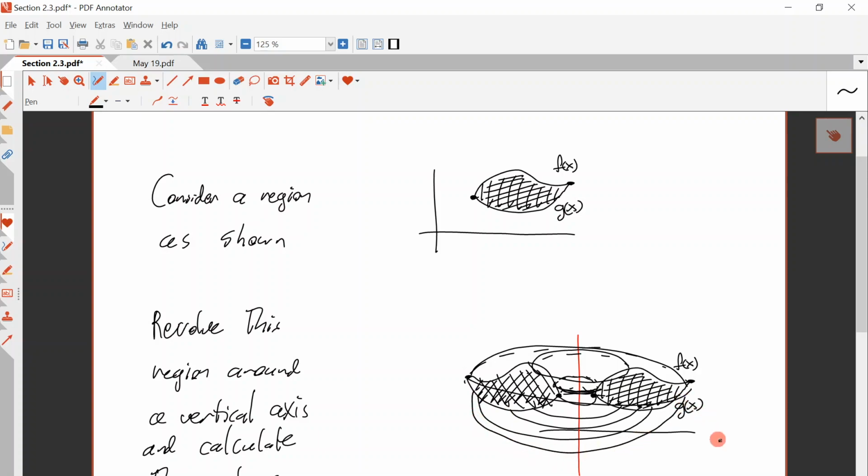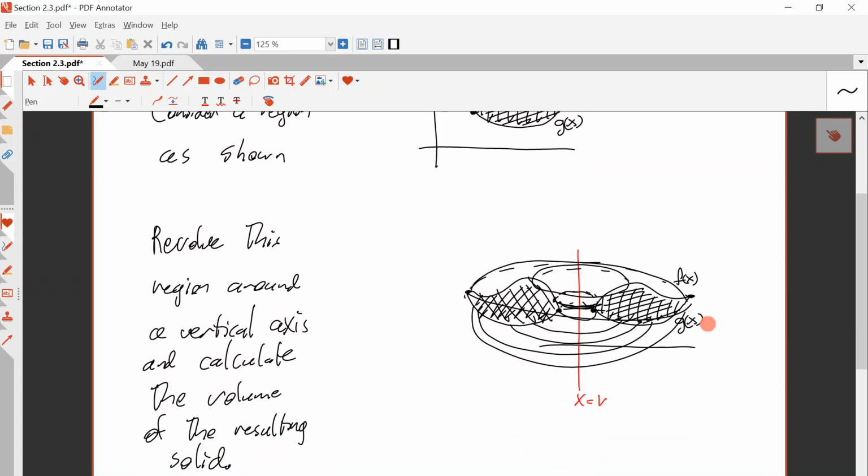Now if we were to revolve this thing around a horizontal axis, then slicing with perpendicular slices works just fine. But in this instance, it just doesn't.